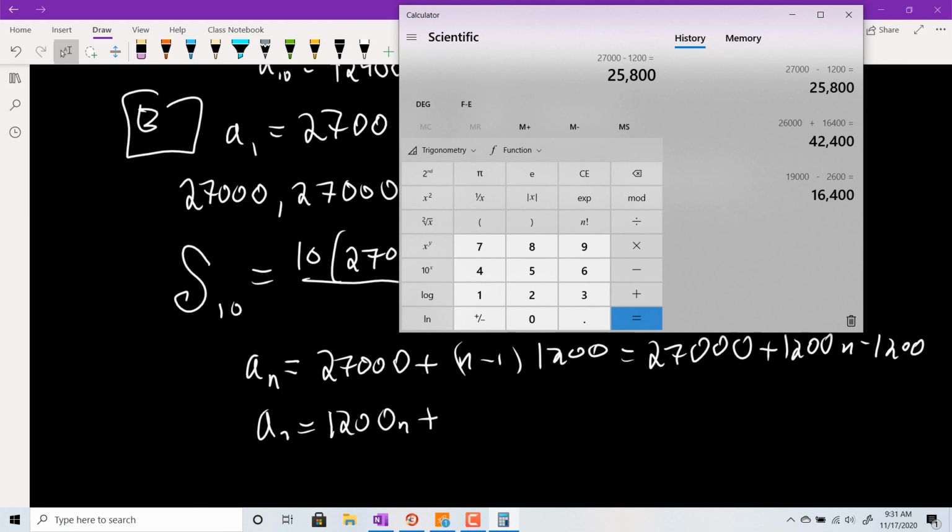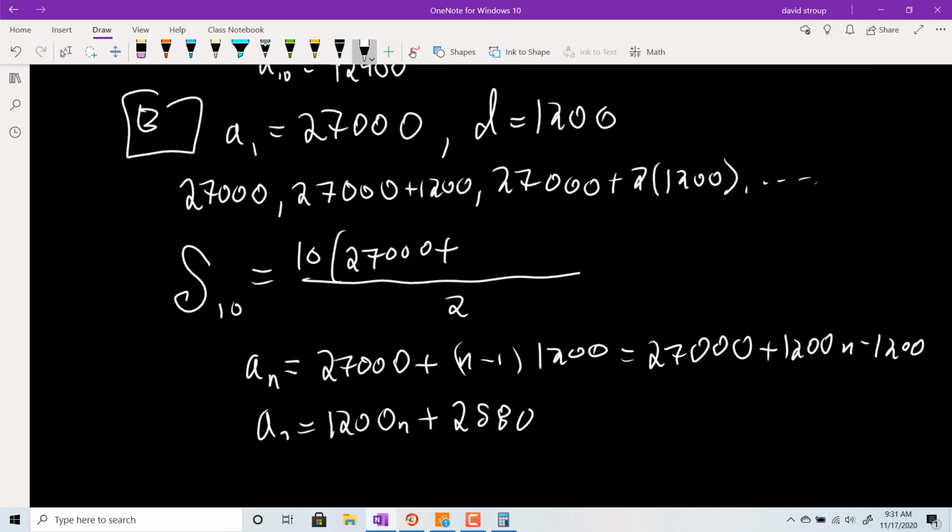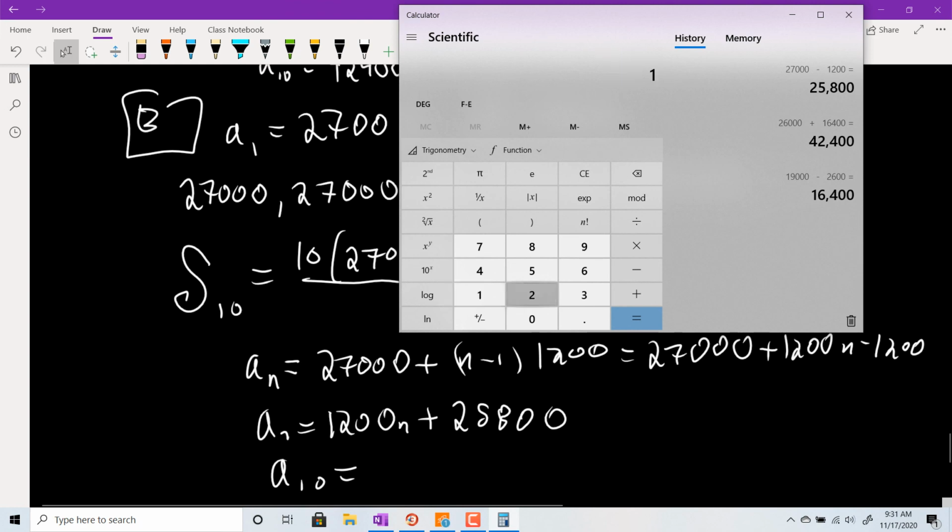It's 25,800. So a sub 10 then is going to be 12,000 plus that, which is 37,800.